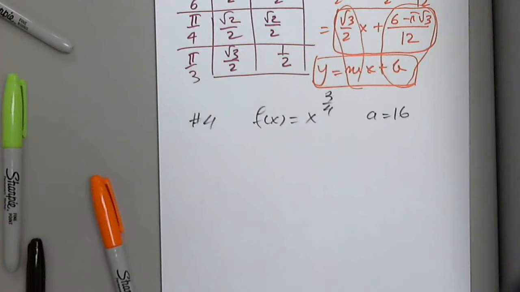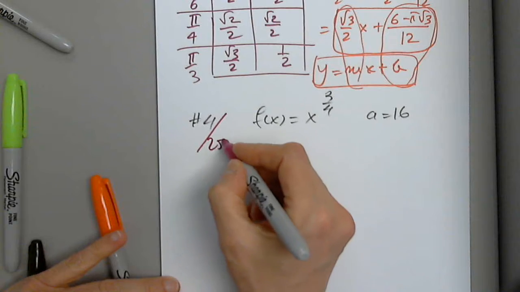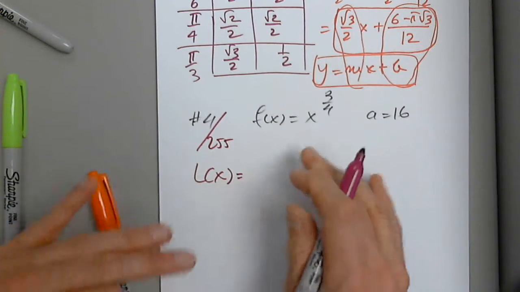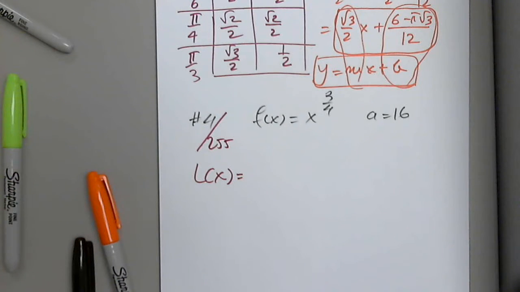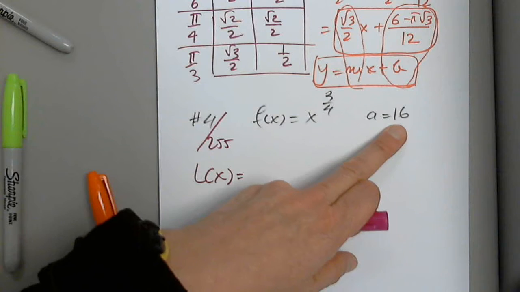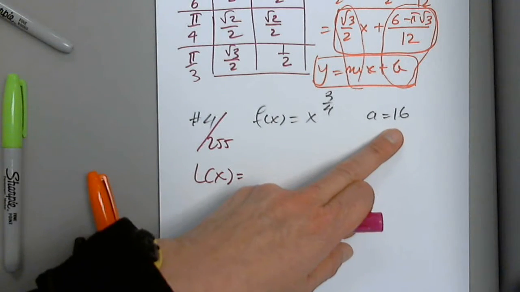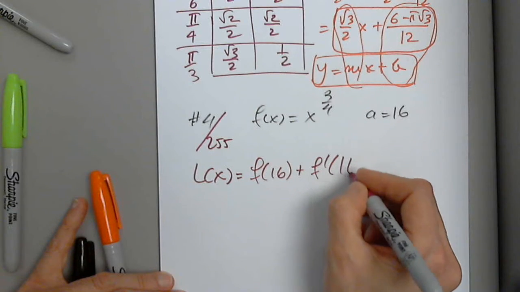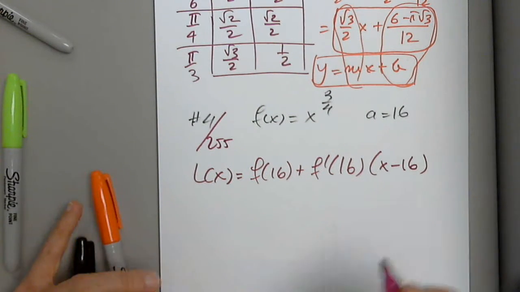Same page, 255. So we know that the linearization of this function will be the equation of the tangent line at the point x equals a, or x equals 16, which is f of 16 plus f prime of 16 times x minus 16.